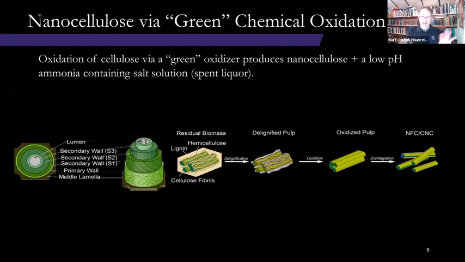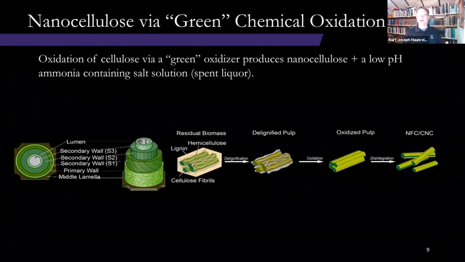Okay, so this is just a high-level overview. This green oxidant occurs at a very low pH. As you dig into your literature review and see the different chemical approaches, you're going to find TEMPO, you're going to find sulfuric acid, you might find periodate.